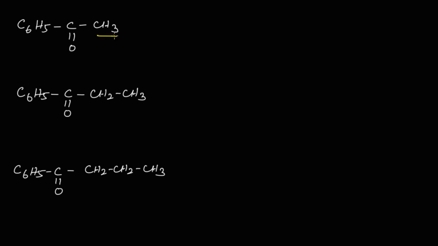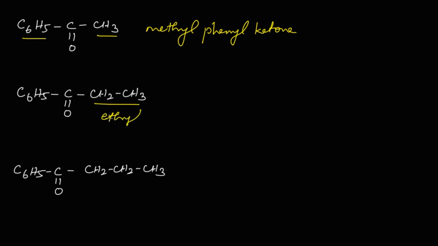Come on, let's give the common name for these compounds now. Here, CH3 is known as methyl, C6H5 is known as phenyl, and this CO group is ketone. So methyl phenyl ketone is the common name for the first compound. In the second one, CH3CH2 is known as ethyl, this is phenyl, and this is ketone.